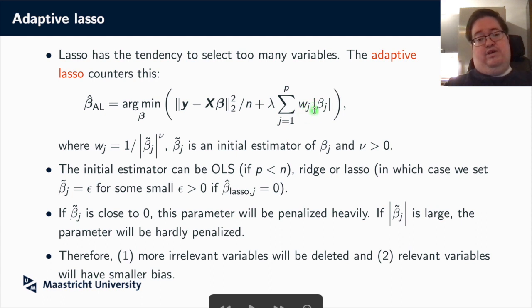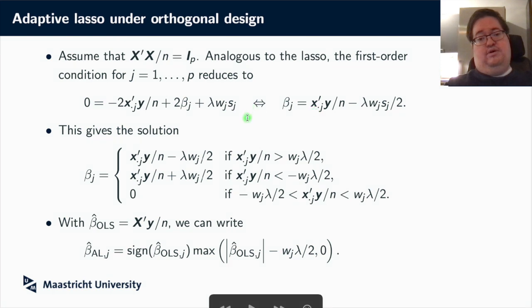We get exactly the same first order conditions, except that now we have the subdifferential times wj. And this sj is still 1 if beta j is positive, minus 1 if beta j is negative, and in the interval minus 1 to 1 if beta j is 0.